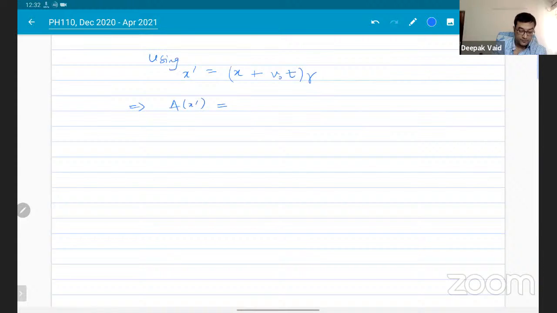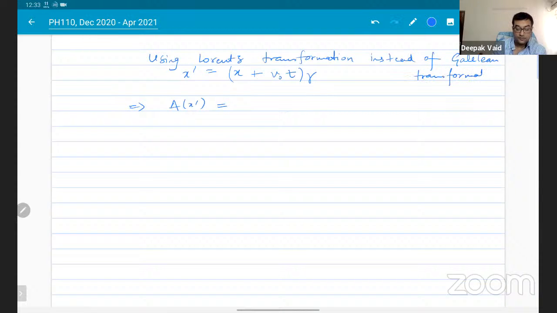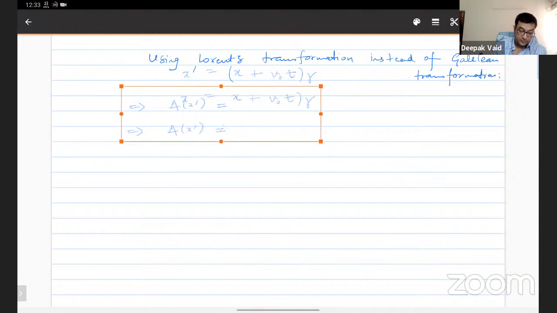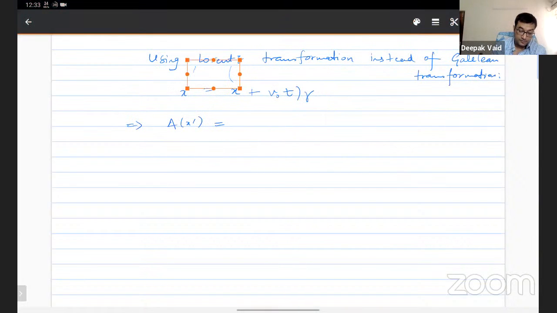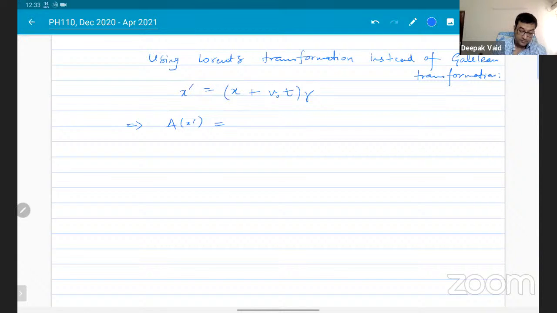So using the Lorentz transformation instead of the Galilean one, what happens to a of x prime?